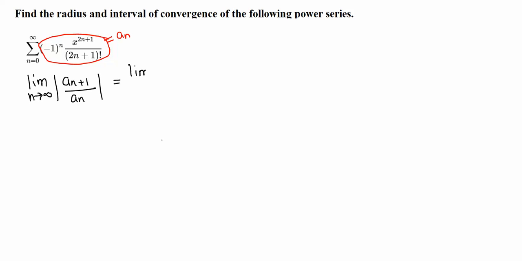This is a_n, so a_(n+1) would be replacing n throughout by n+1: (-1)^(n+1) times x^(2(n+1)+1), over (2(n+1)+1) factorial.